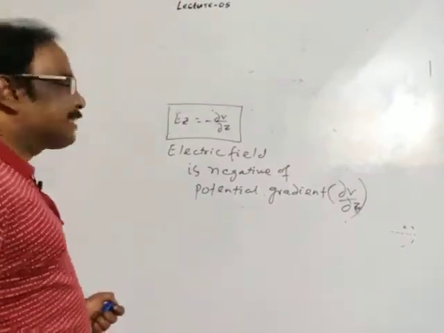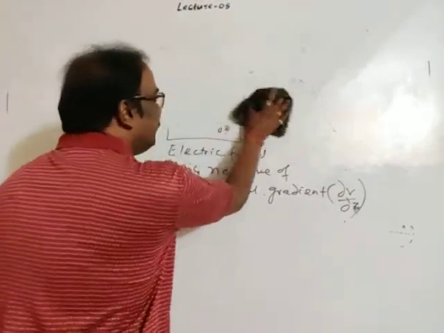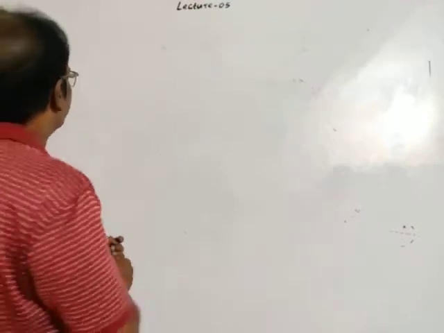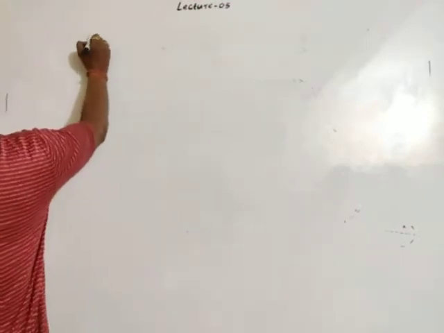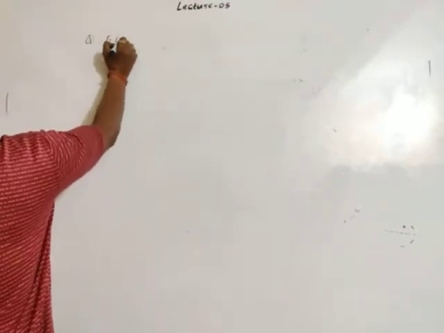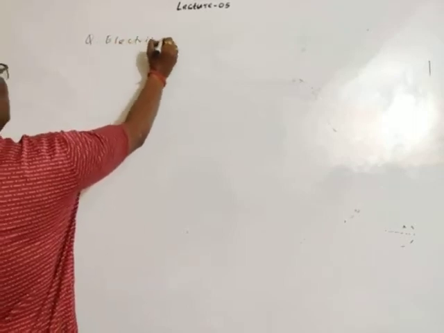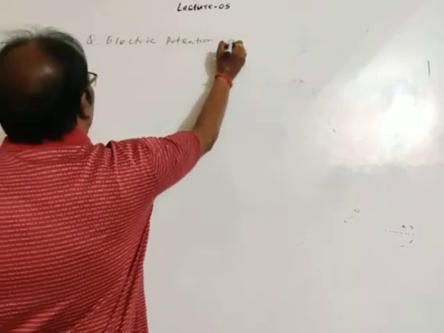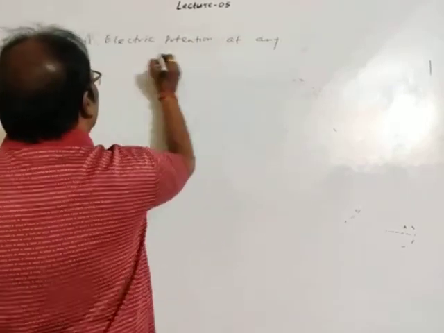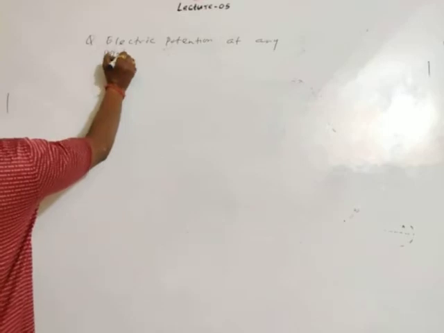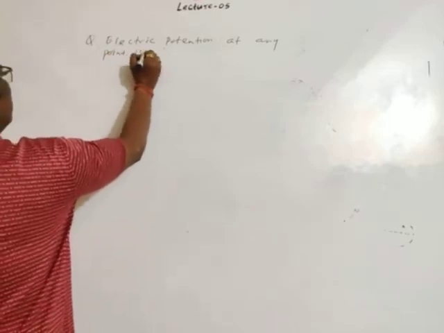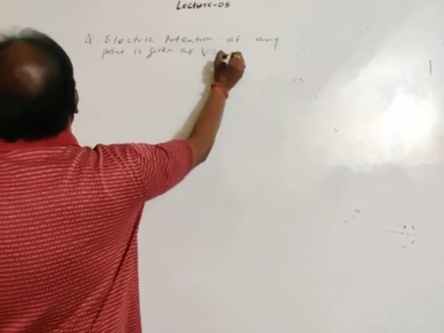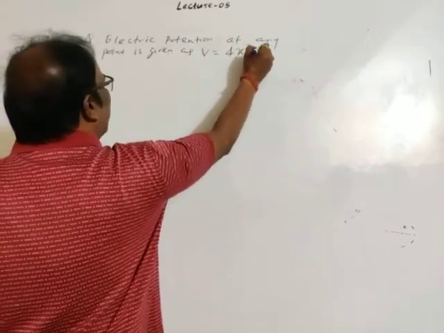Okay. Some numerical, one or two very easy numericals. Okay. Then we'll end our class. Question number 1. Electric potential at any point is given as V is equal to 4x square volt.